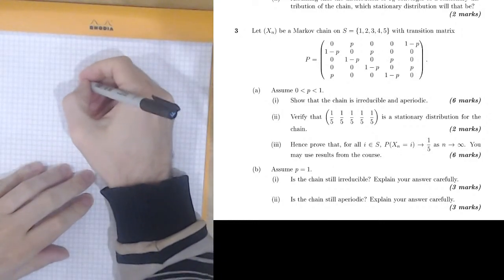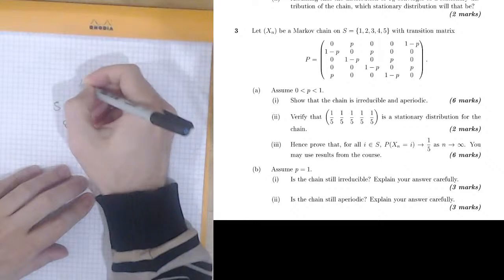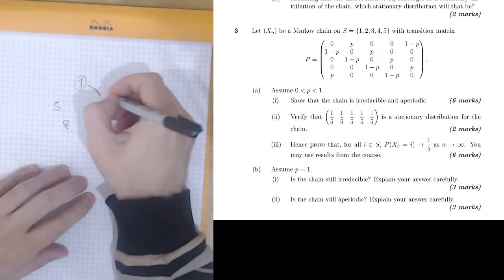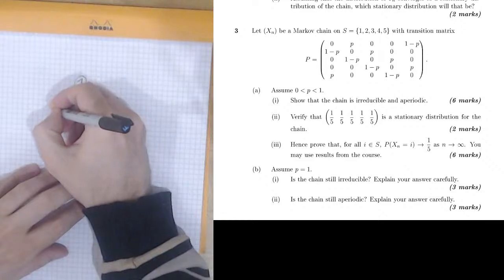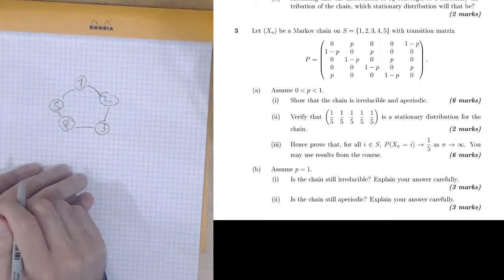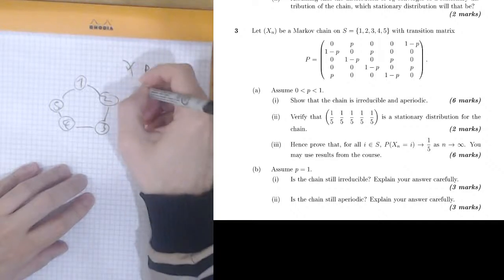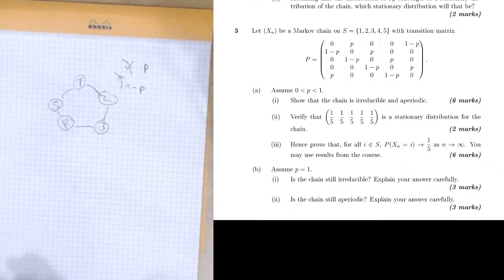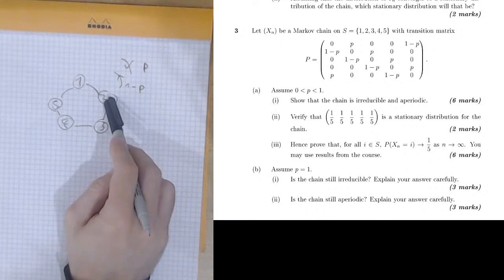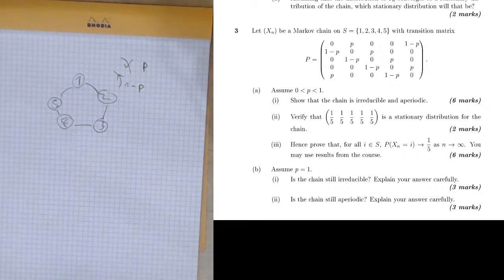So what's going on is I have 1, 2, 3, 4, 5. And we're basically going this way with probability P, and we're going the other way with probability 1 minus P. So 1 can go to 2, probability P, or back to 5, probability 1 minus P, and so on.